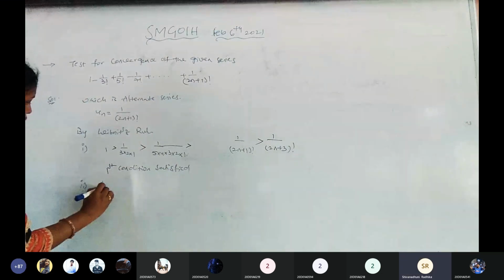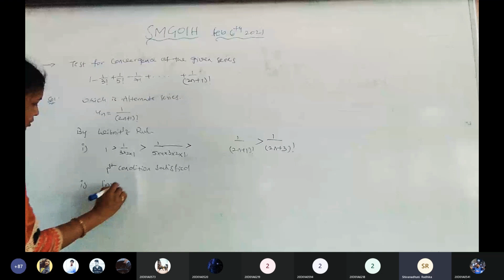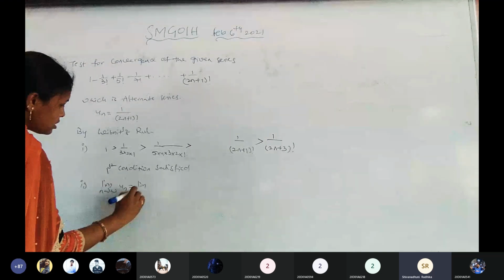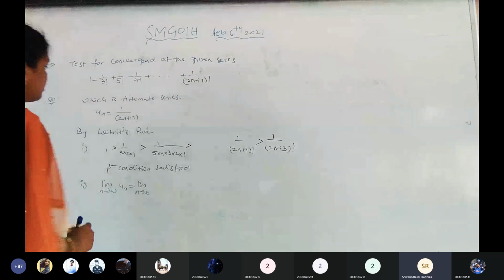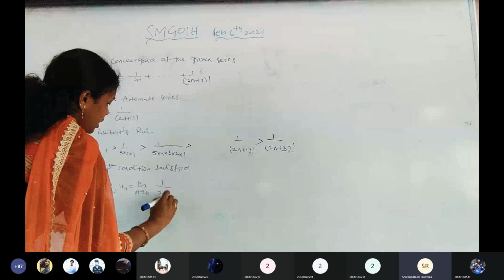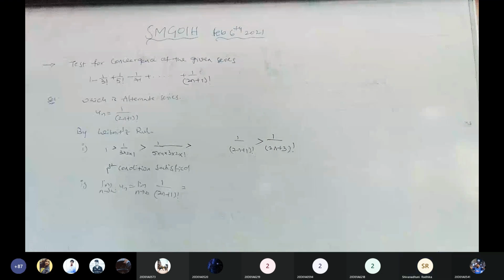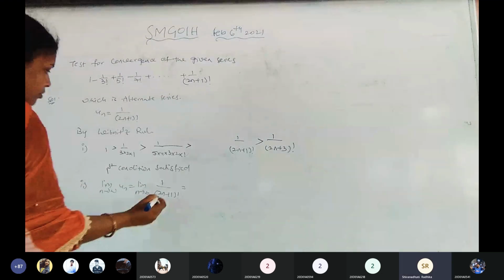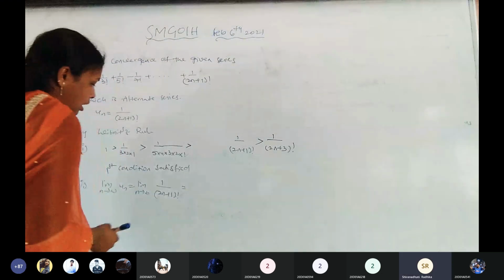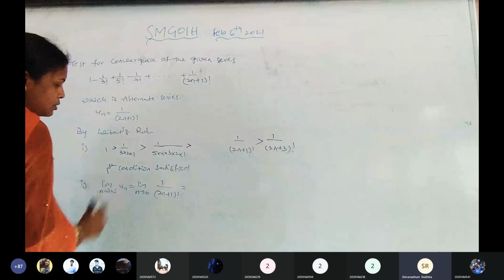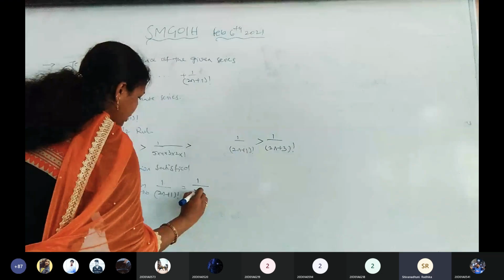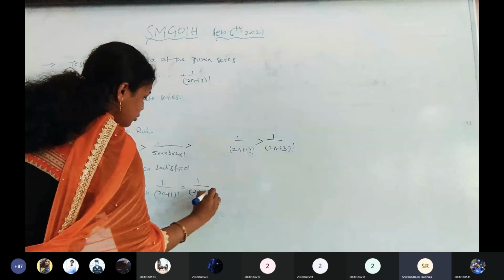Next, the second condition. What is the second condition? Limit n tends to infinity of un. We are just substituting, applying the limit function. What is un here? 1 by (2n plus 1) factorial. Again, we directly substitute the infinite term: 1 by (2 into infinity plus 1) factorial.